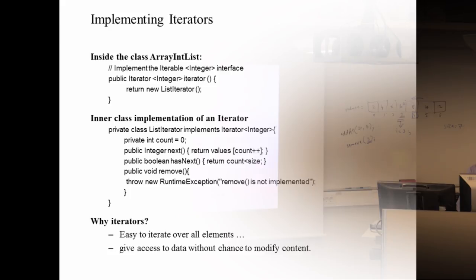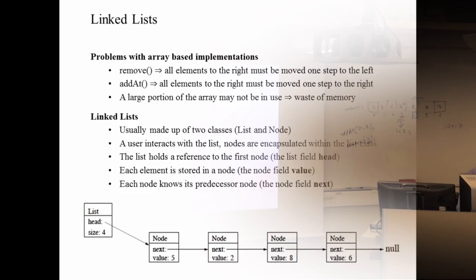The reason why we use this iterator is simply that they are easy to iterate. You implement the hasNext and next methods, and give access to data without chances to modify. I think I got an answer for your question here, because it says that you should not be allowed to modify the data, but I will double check these things.